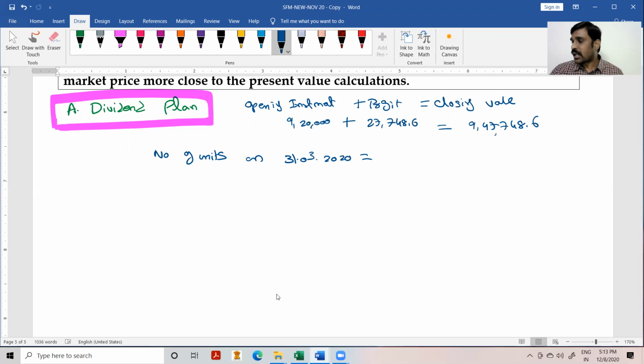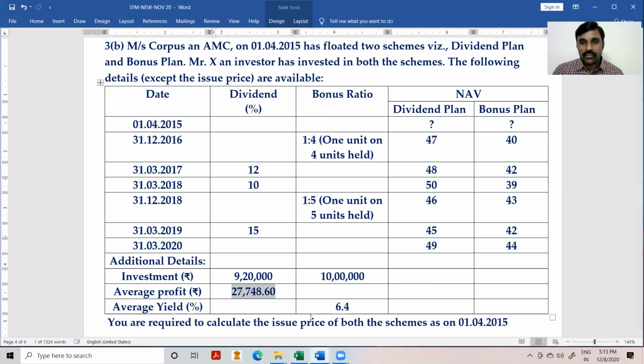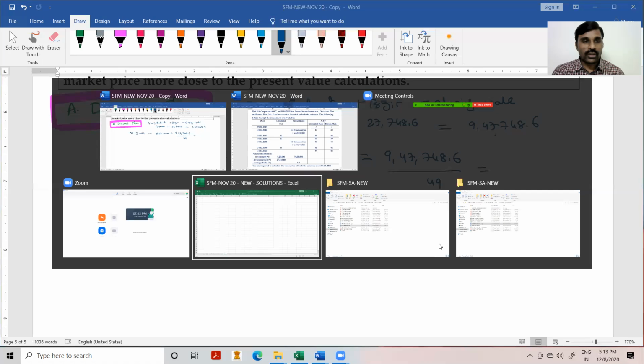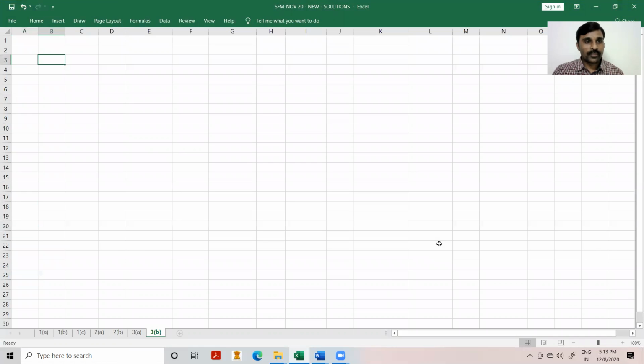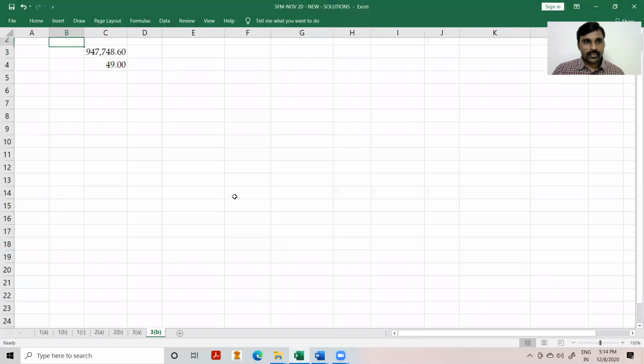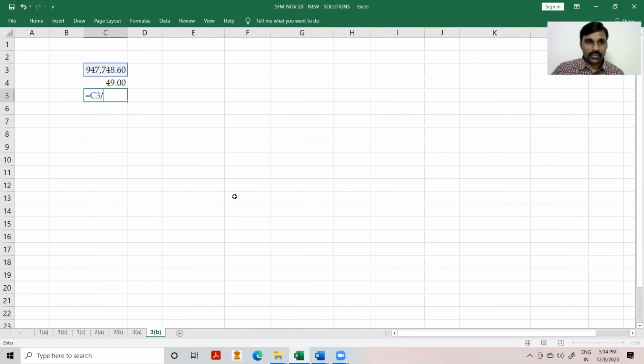So what is the number of units? The closing value of the investment, 9,47,748.6, divided by the NAV of each unit. Dividend plan NAV of each unit as on 31st March 2020 is 49 rupees. So 9,47,748.6 divided by 49 will give you the number of units, which is 19,341.81.